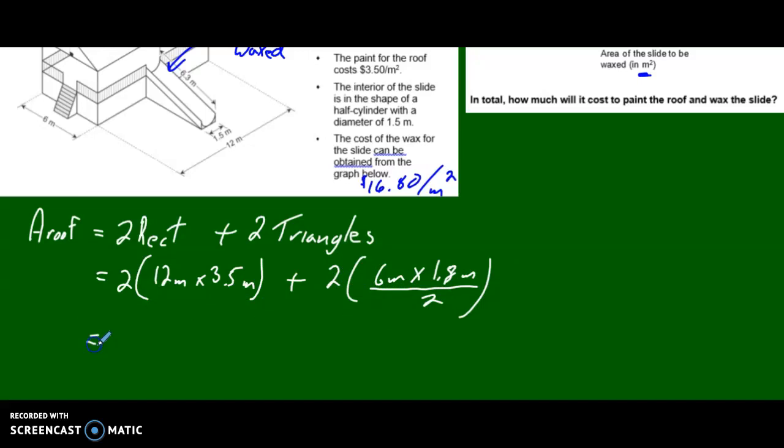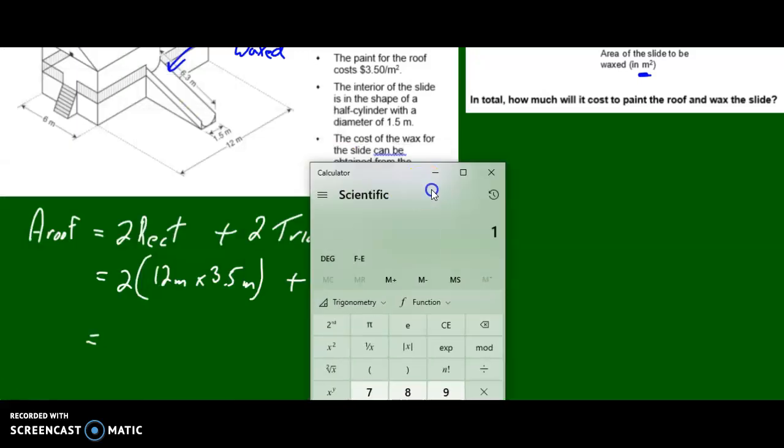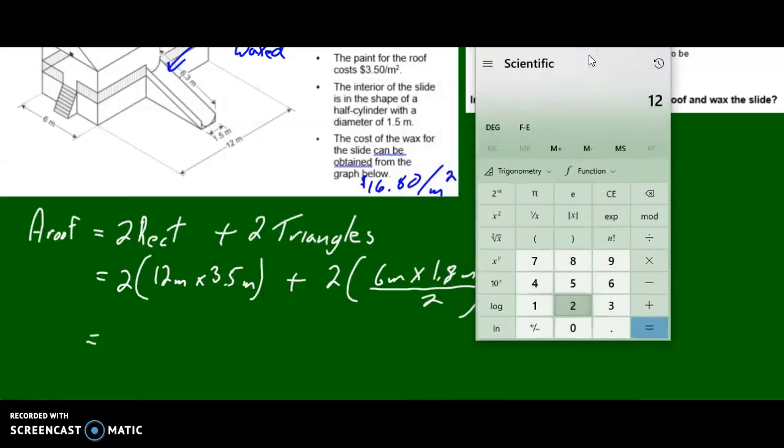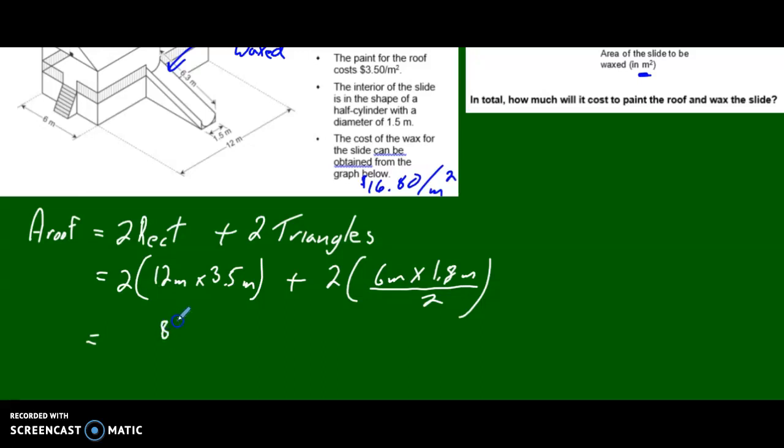So let's calculate all of this. 12 times 3.5 equals 42, times 2 is 84 meters squared for 2 rectangles.